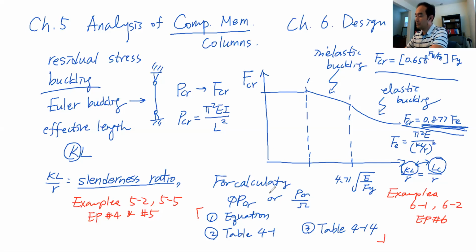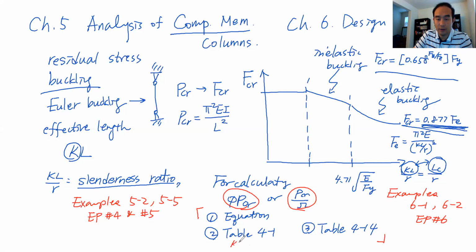So table 4-1 directly gives you phi times P sub CR, or P sub CR over omega value based on the effective length.